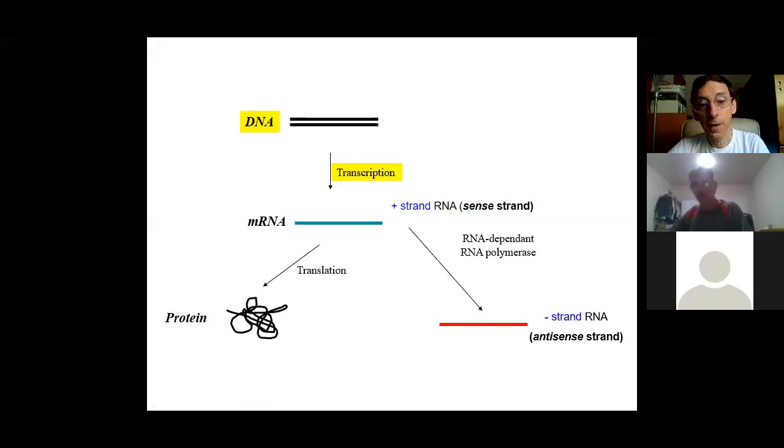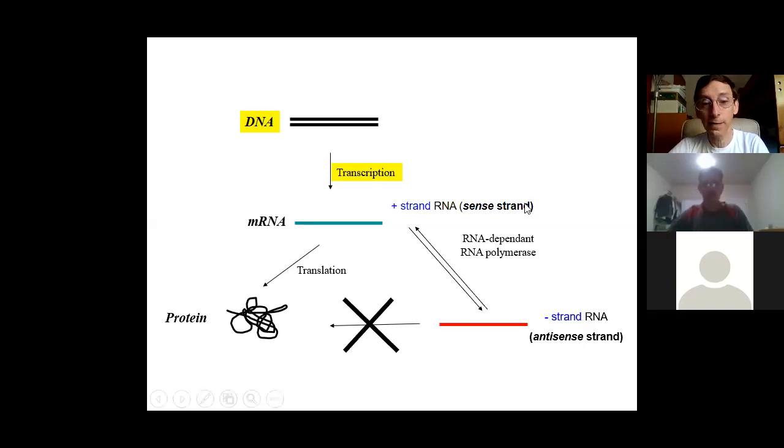If you have a positive strand virus, to replicate the positive strand of the viral genome, you make the antisense negative strand RNA, and then you use this negative strand RNA to make the positive strand RNA genome.